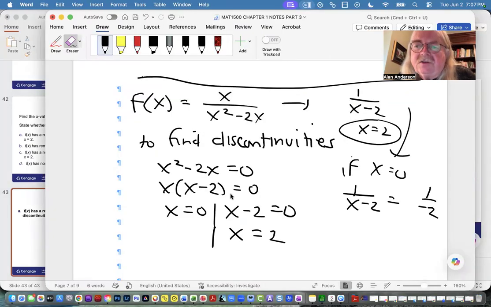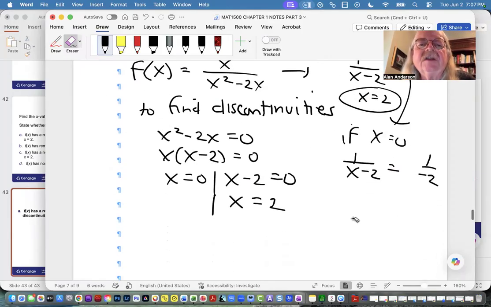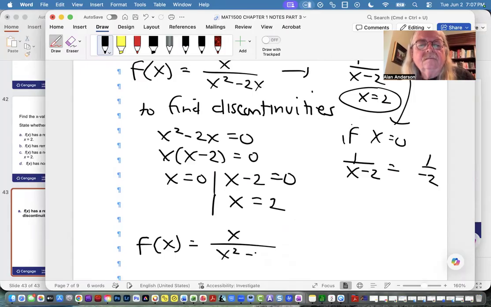And so the strategy is what you're seeing here. What you would do then is you would say, well, the function is therefore, no, sorry, for 0.